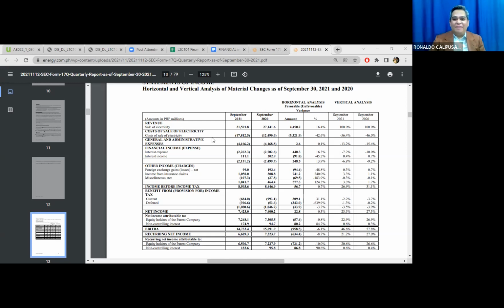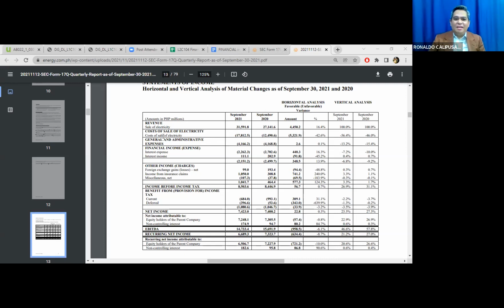If you look at September 2021, which is the second column here, these are in millions. So it's about 31.5 billion pesos in sales. Out of that, they have a cost of sale of about 17.8 billion, and you have the general and administrative expenses.